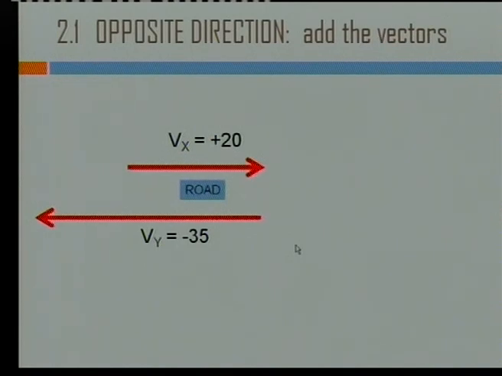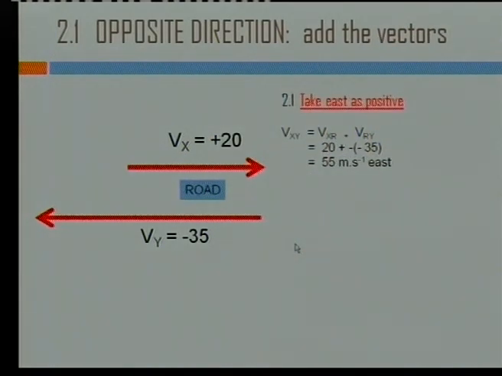So let's look at how we write this in physics. We take east as positive. In other words, this direction is positive, makes sense? Therefore, watch the way I write it. The velocity of x relative to y. I can break it up into two parts. Note how I do it.